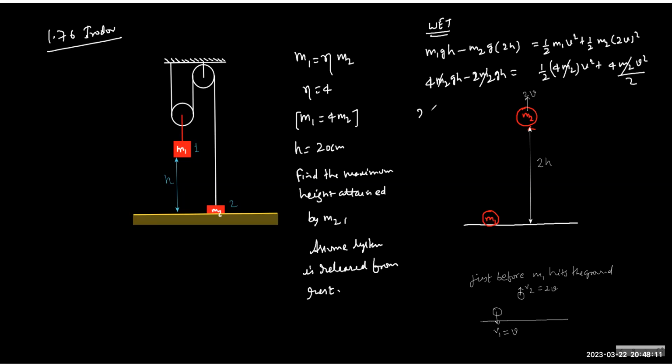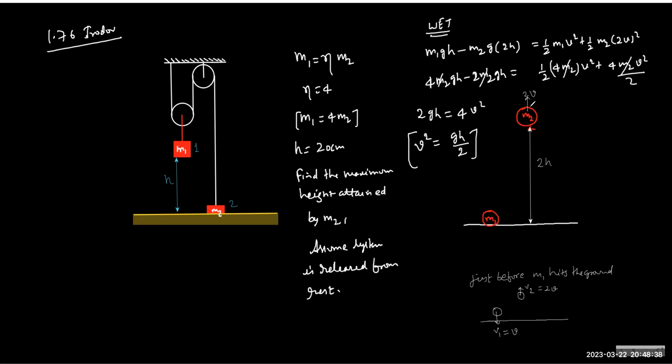So this becomes 2gH, and this side becomes 4V square. So V square turns out to be gH by 2.